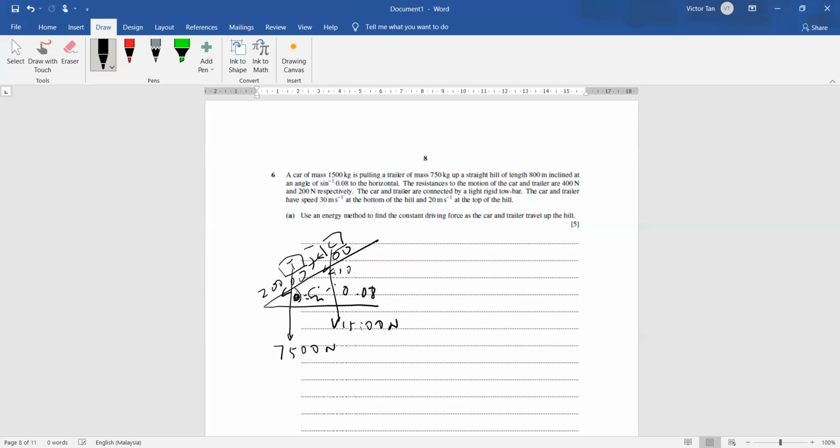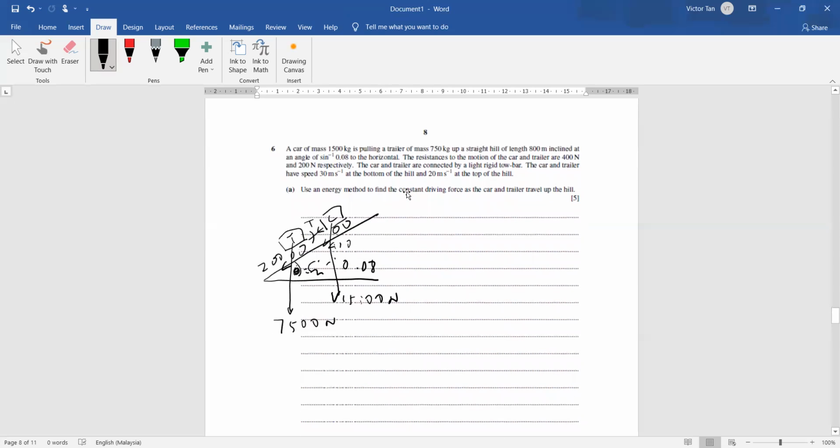This is the tension. The car and trailer have speed of 30 meters per second at the bottom of the hill and 20 meters per second at the top of the hill. Use an energy method to find the constant driving force as the car and trailer travel up the hill.